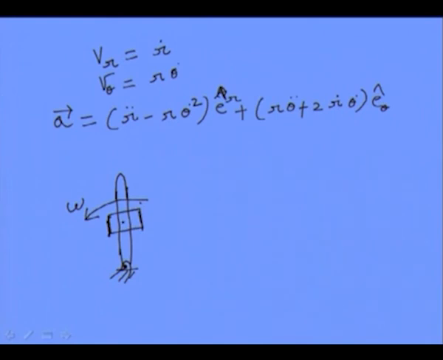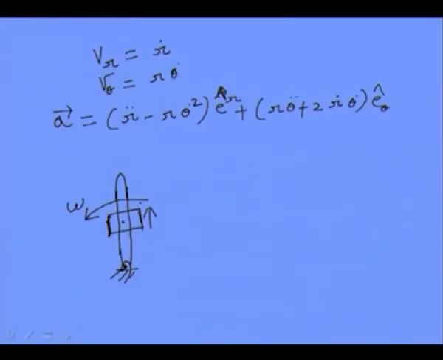This block is sliding on the link, that means it is going up, and the link is rotating in the counterclockwise direction. You may assume that in the beginning the link was somewhere here and the block may be at some position R. After that the block moves on the link, and at the same time its angular position is the same as the angular position of the link.